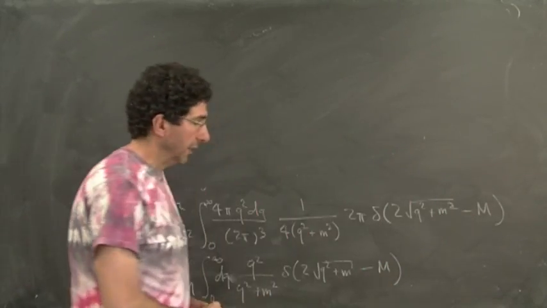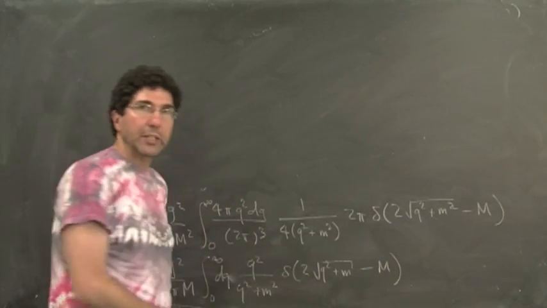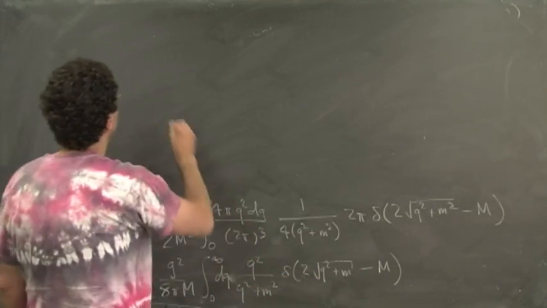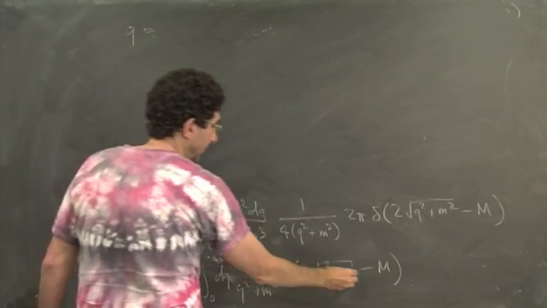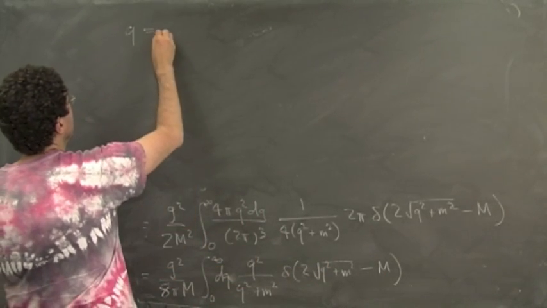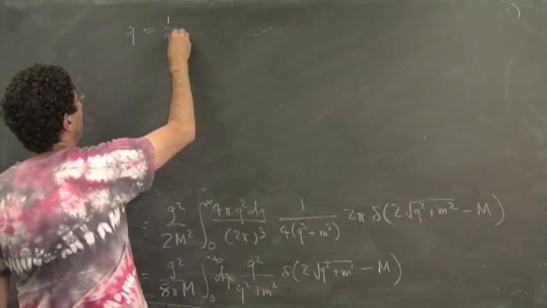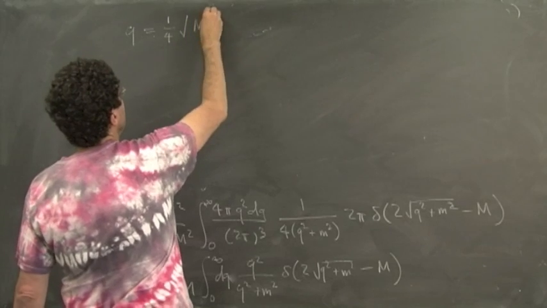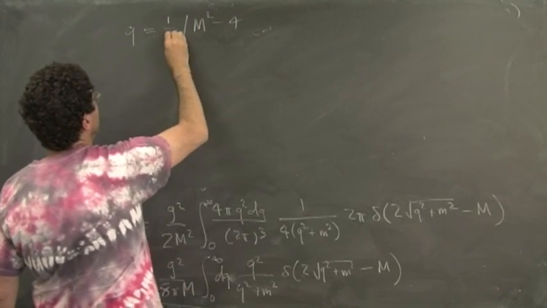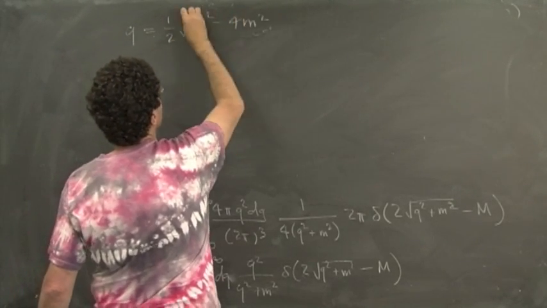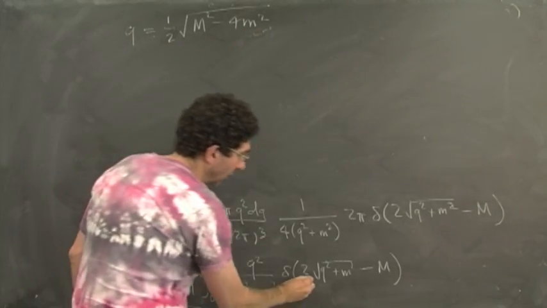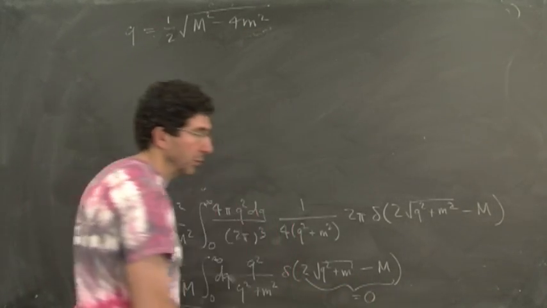So, what does this delta function enforce? If we solve this equation right here, we can easily solve it. This delta function enforces that little q is equal to 1/2, sorry, the square root of big M squared minus 4 little m squared. That's just solving the equation that this is equal to 0.